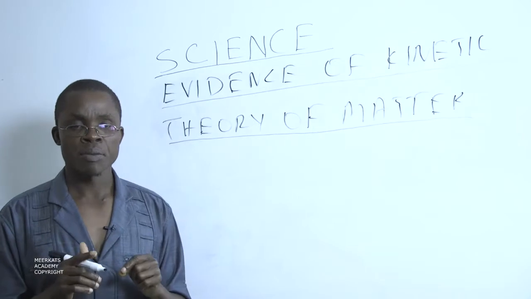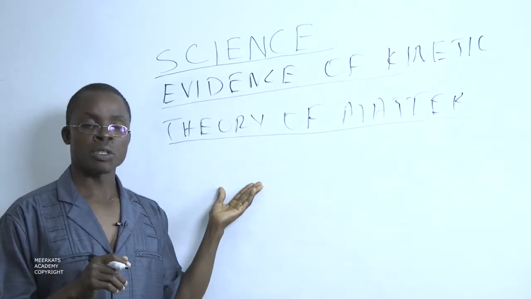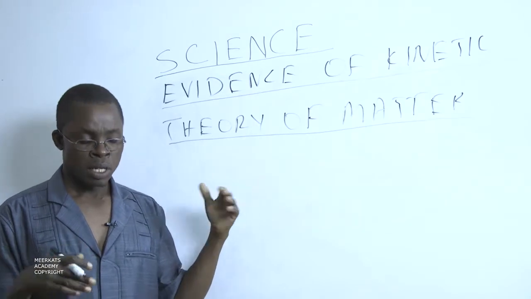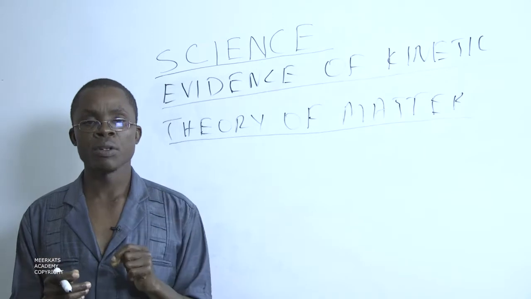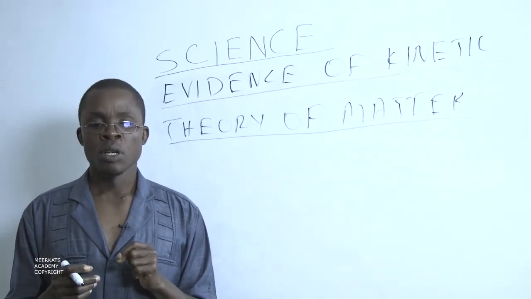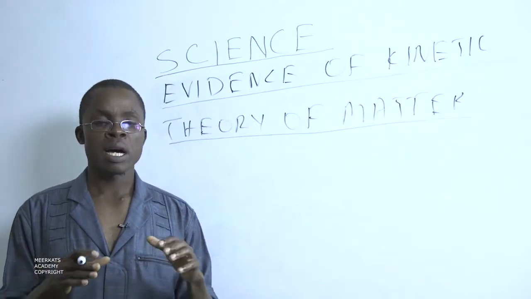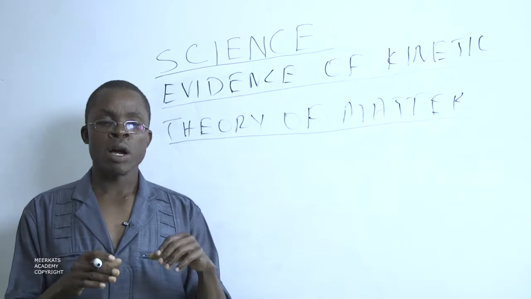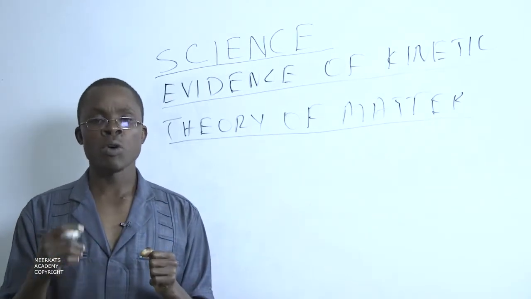In a liquid state, we have particles in motion. How do we prove it? Take a situation whereby you have a liquid like ethanol and water. You have seen people maybe in an environment where you are taking something, or let me use water and juice.